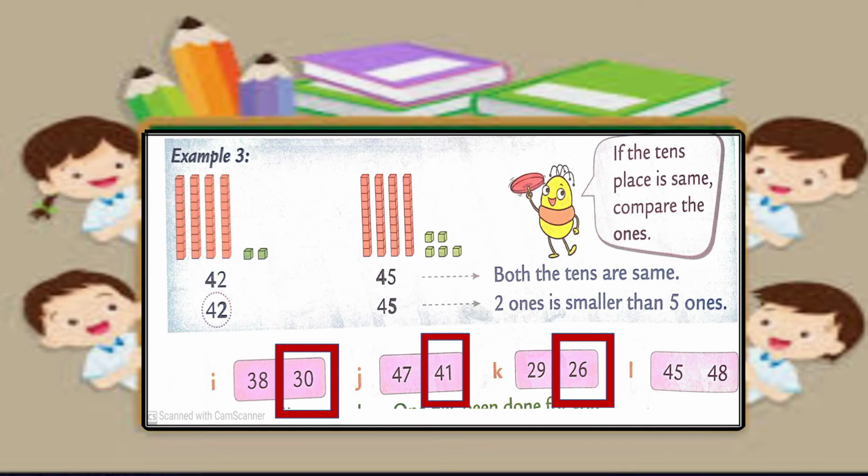L. 45 and 48. 45 and 48. So here number 45 is the smaller number. Make a circle around it. I hope you all have understood.